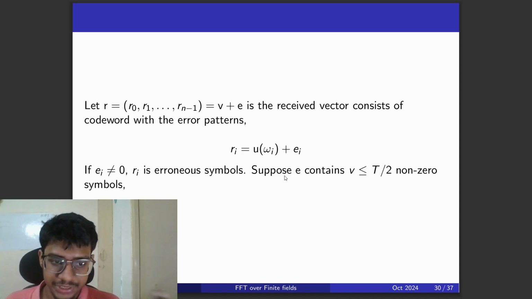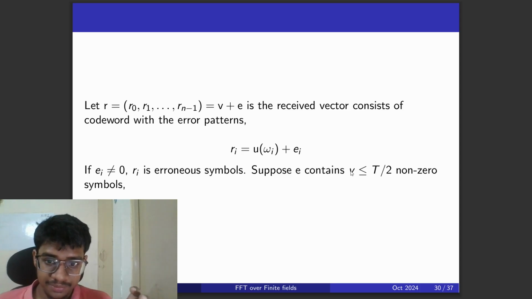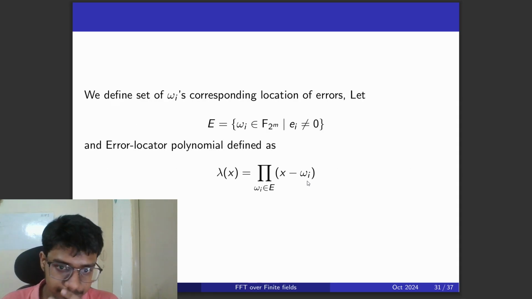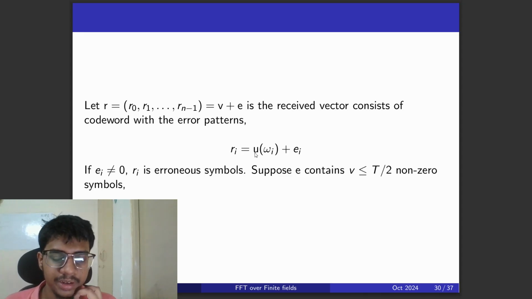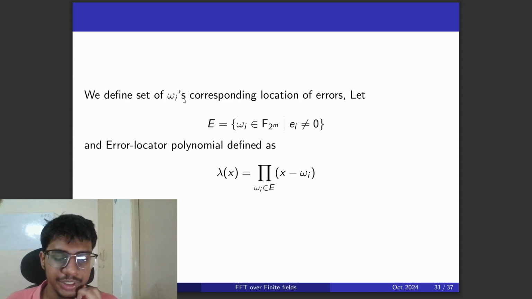Suppose we have b non-zero symbols, which is less than t by 2. We will assume a set of error locations, which we will define by omega n. We can uniquely define the elements of u by omega n, so that's why we have chosen omega to get our error locations.